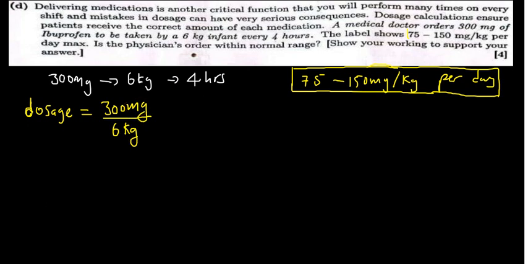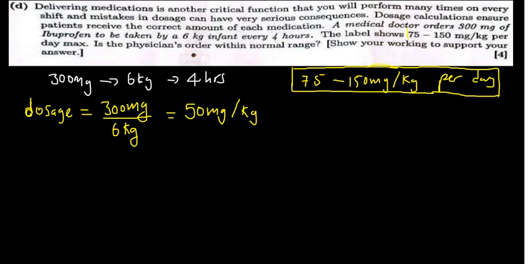So 6 into 300 is 50 milligrams per kg. I've just divided the milligrams by the kg to have the answer in milligrams per kg. Now remaining is per day.